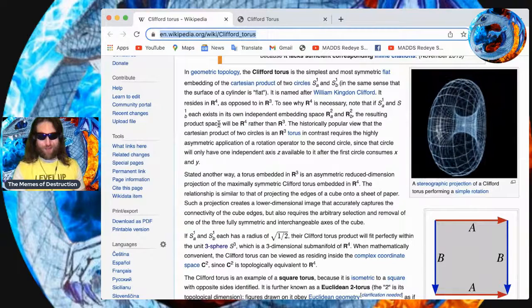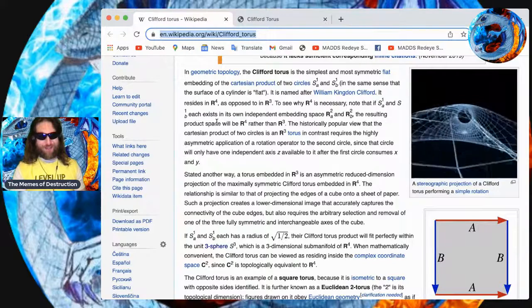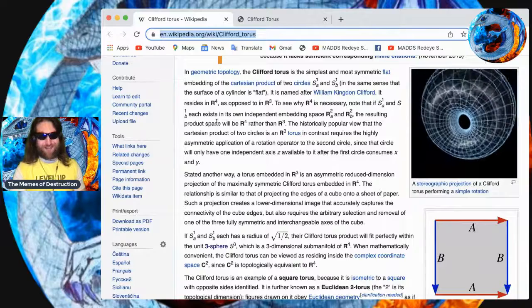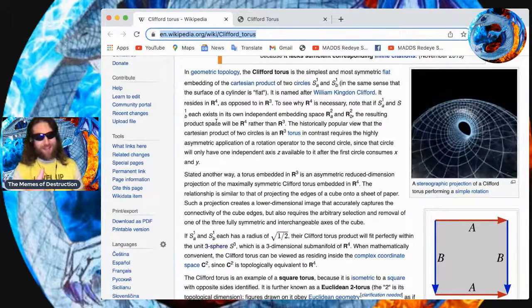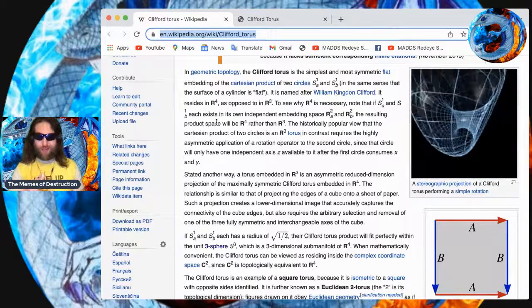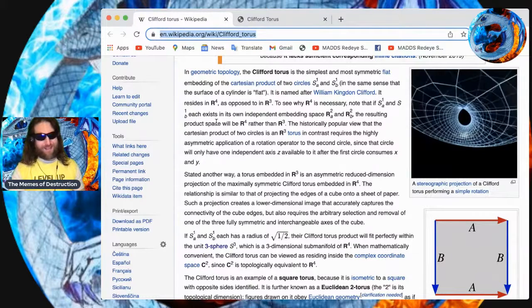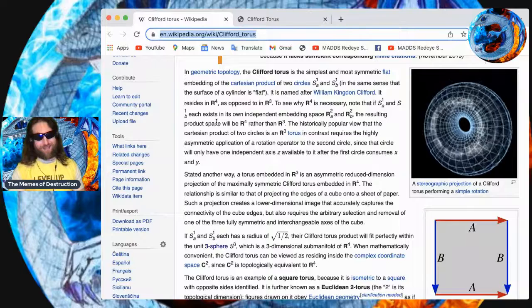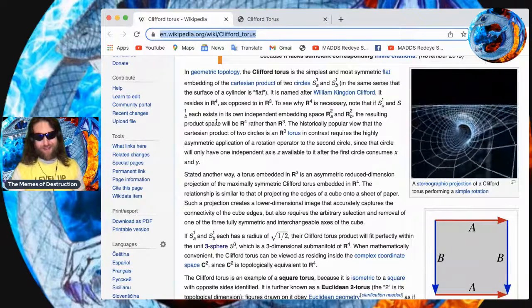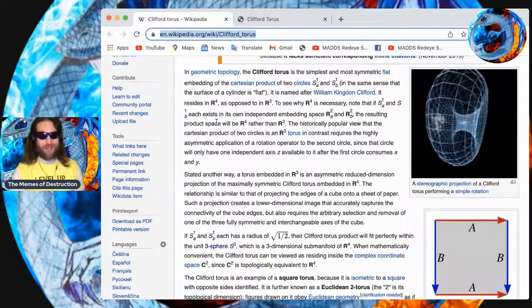The historically popular view that the Cartesian product of two circles is an R3 torus, in contrast, requires the highly asymmetric application of a rotation operator to the second circle, since that circle will only have one independent axis available to it after the first circle consumes x and y.